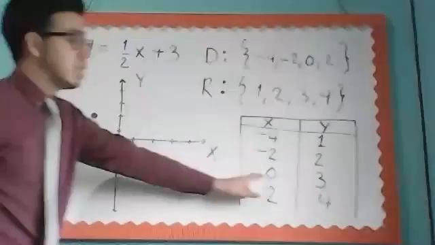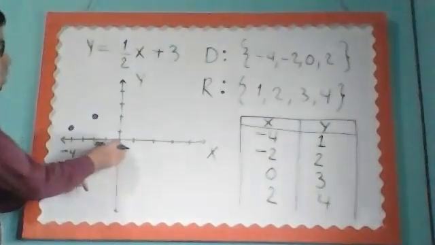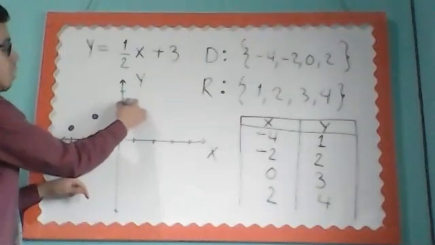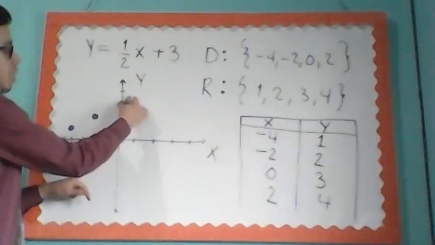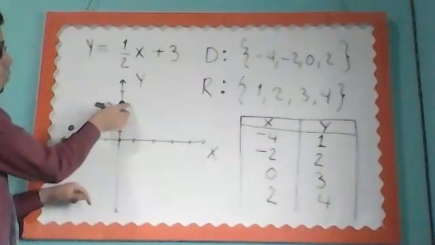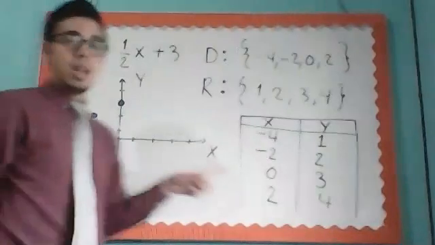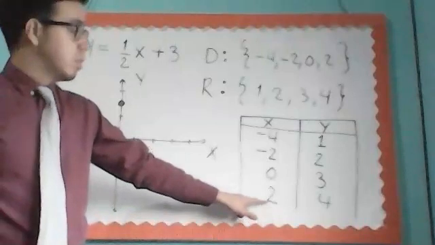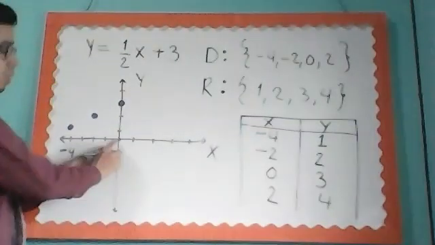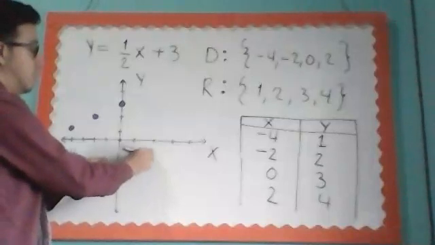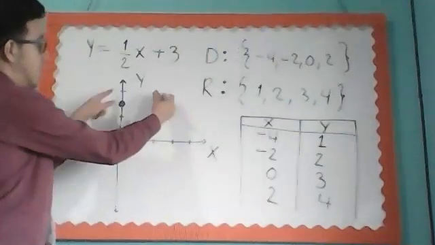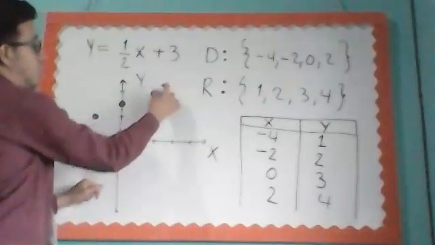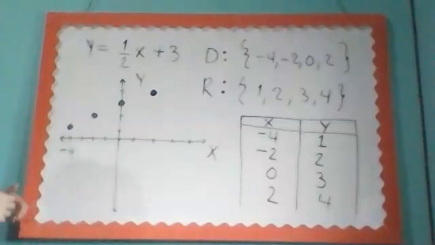So if x is 0, y is 3. You count the value for the y: 1, 2, 3. So you locate the point in here, 0 for the x but 3 for the y. Now when x is +2, y is 4. 0, +1, +2 in here, and the y with the value of 4 is up here. So this is the graph you have.